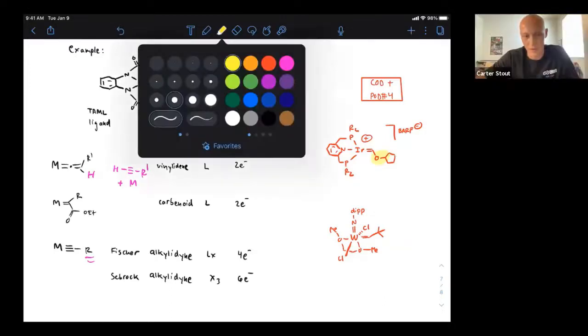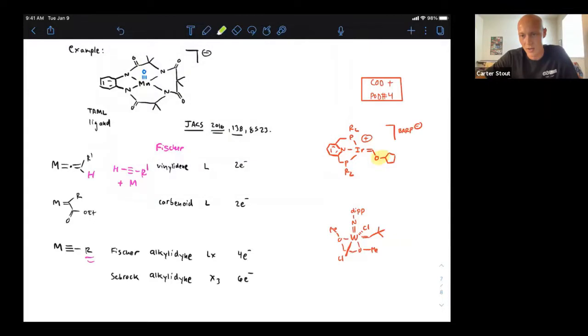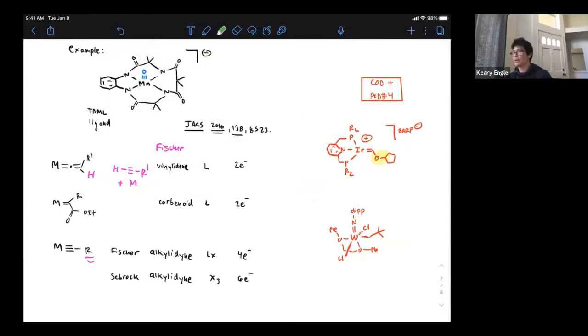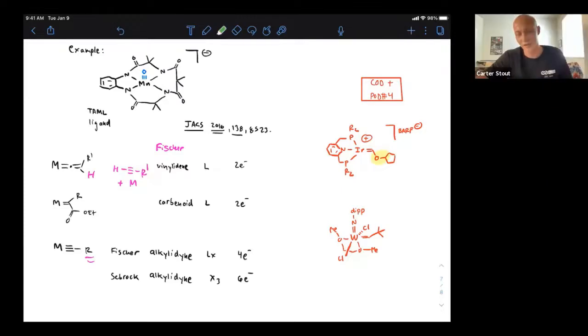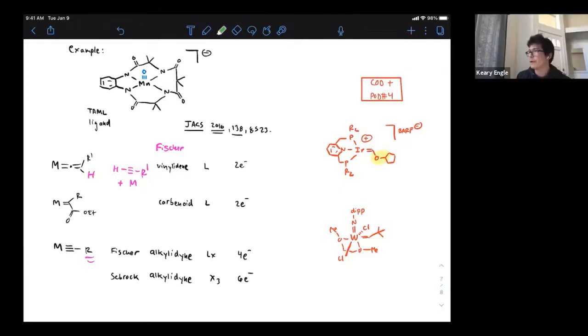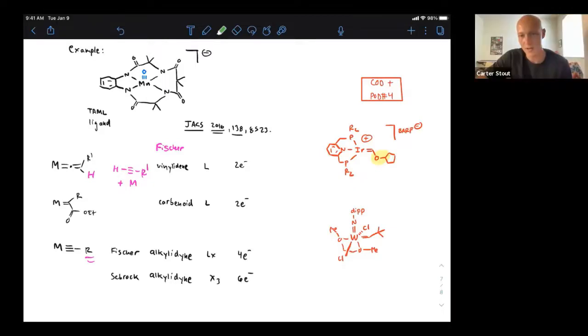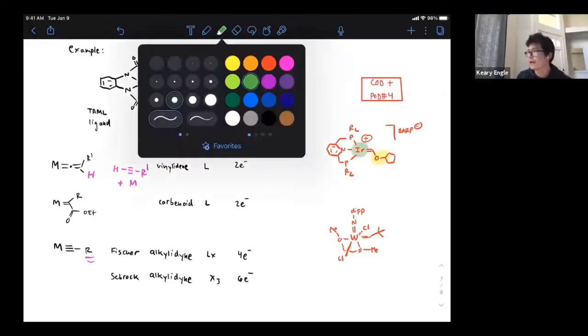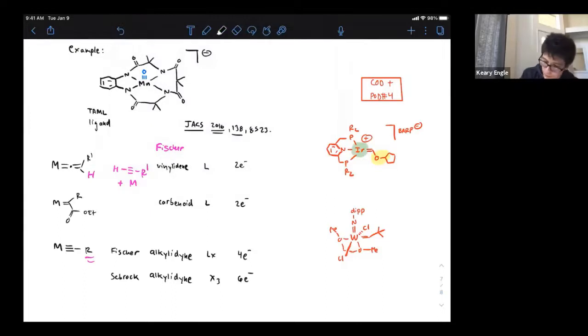This would be more like Schrock. Heteroatoms attached to the carbene are more, or like Fischer. Fischer, okay. And then iridium, late or early metal? Late. Okay. So we've got a metal argument and a substituent argument, both in the same direction. So what will we call this?